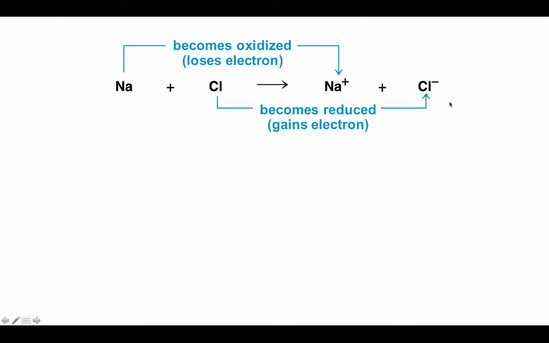Because it has higher affinity for the electron, it's going to hold it closer to its nucleus, and electrons are in their most stable state the closer they can be to the nucleus with the protons. So atoms that are reduced are in a lower energy state than atoms that are in their oxidized state.